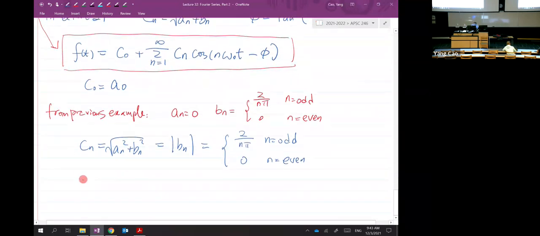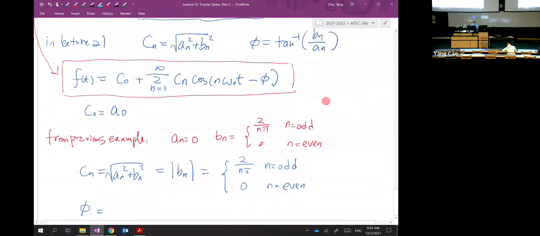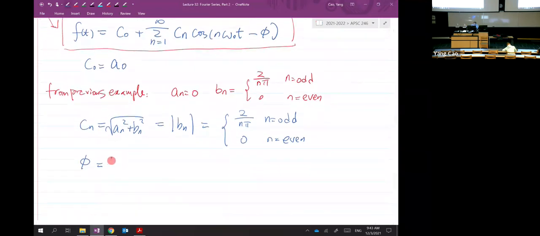And then the phase, phi, is tan inverse of bn over an. And an is always 0. So you have a non-zero number divided by 0.